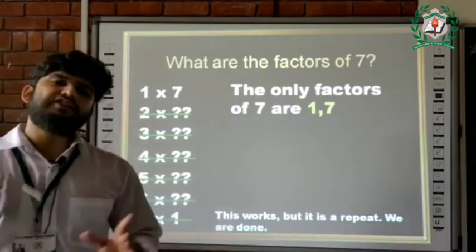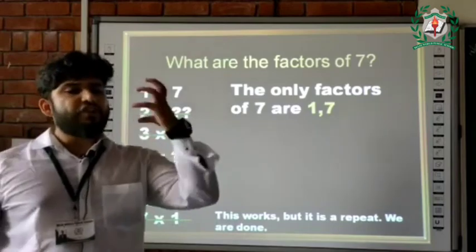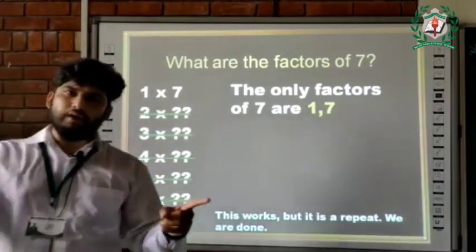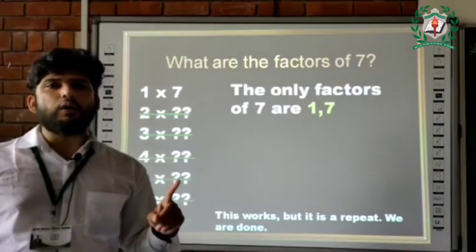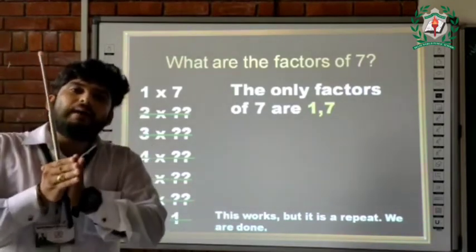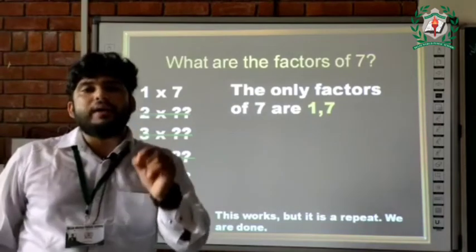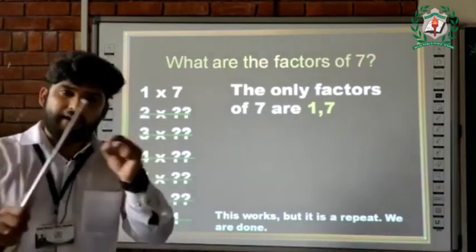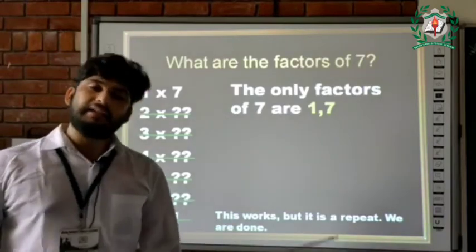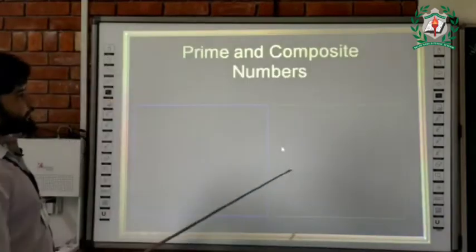Now factors: you are given a number, like 20. 1 and 20 are fixed. Just find the numbers by which 20 is completely divided. Like this you have to do factors and multiples.